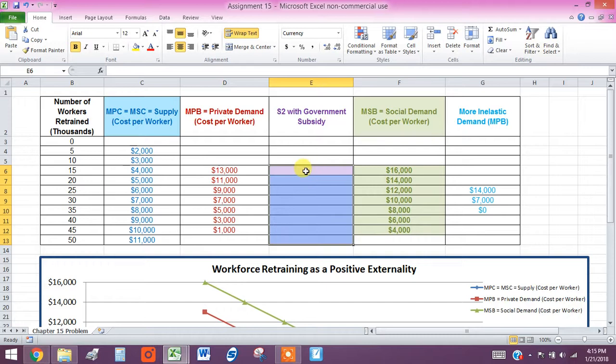Okay, so we just simply need to click in cell E6 and type in equals, and then take the amount for the marginal private cost here and subtract from it 3,000. And then enter. Then just get our black cross here and drag it, and we'll get all of our amounts here.